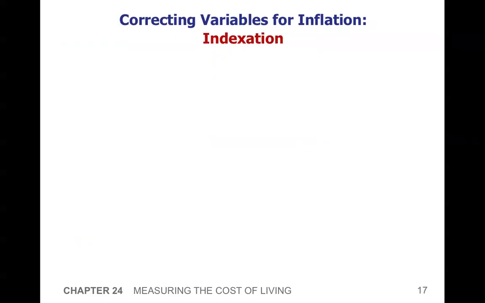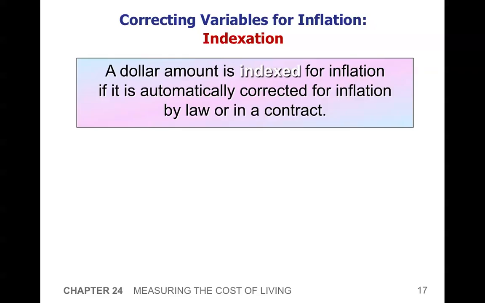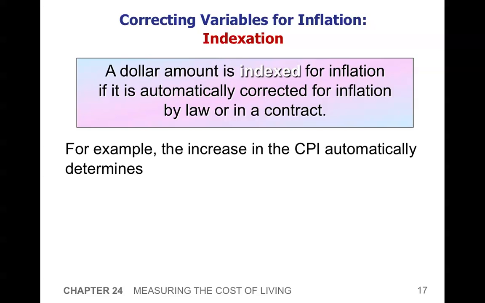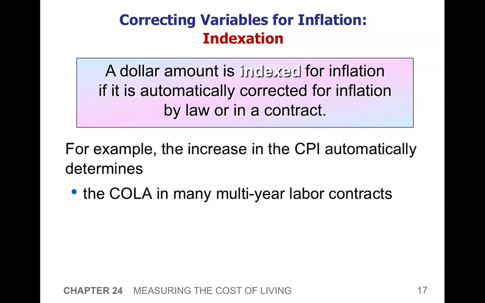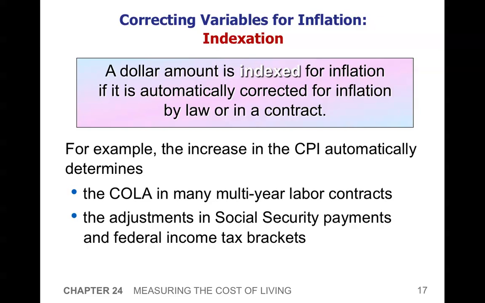Now we can also correct for inflation. A dollar amount is indexed for inflation if it is automatically corrected for inflation by a law or a contract. For example, the increase in the CPI automatically determines the COLA, cost of living adjustment, and adjustments in Social Security.